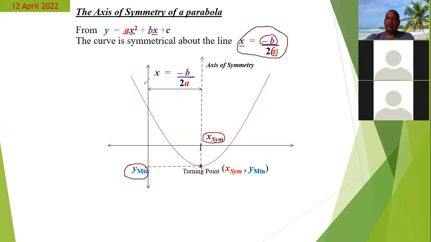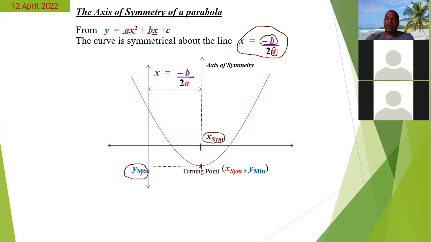And in that case, it would now be called a maximum value, because maximum is above and minimum is below. But you get a maximum value when your curve looks like a mountain, and you get a minimum value when your curve looks like a valley. So you know that when the coefficient of X squared is negative, you're going to have a maximum value. When the coefficient of X squared is positive, you're going to have a minimum value.